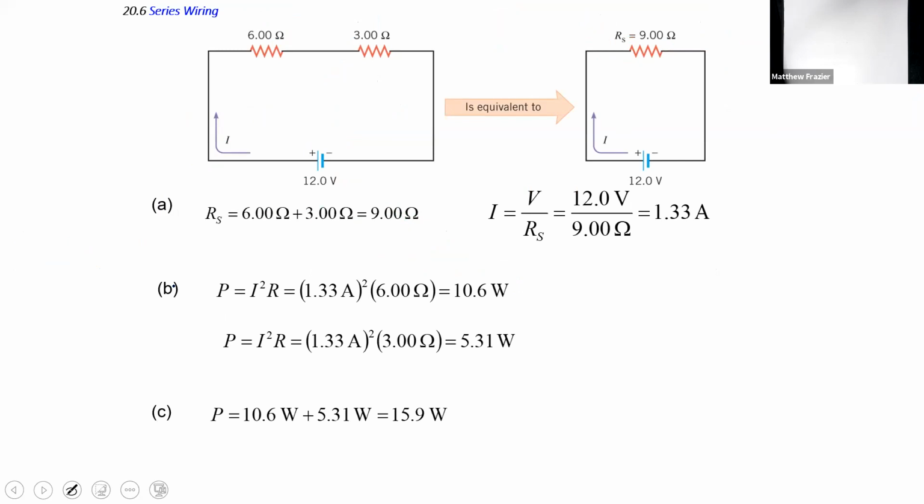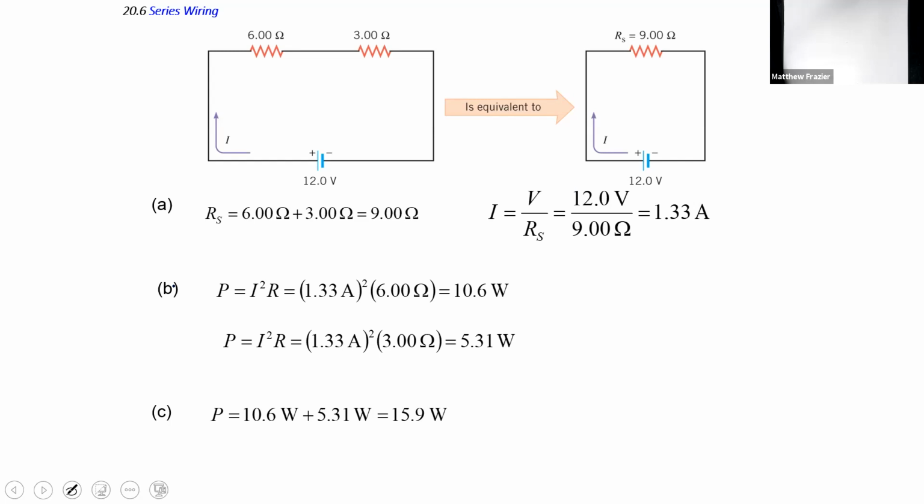All right, so first we find the series resistance, that's 9 ohms, that's what we expect. And then we find the total current is 1.33 amps. And then we go through element by element, resistor by resistor, and we figure out what the power is used there.